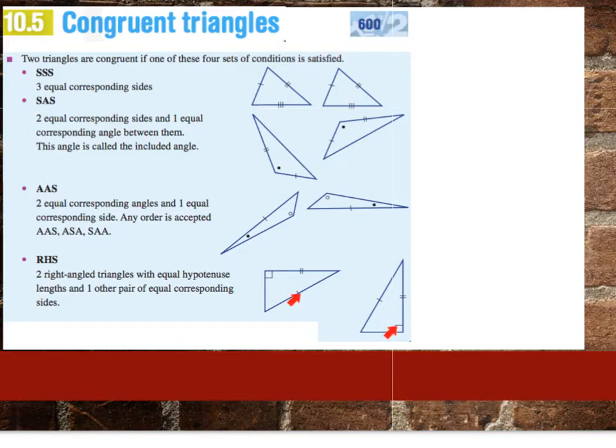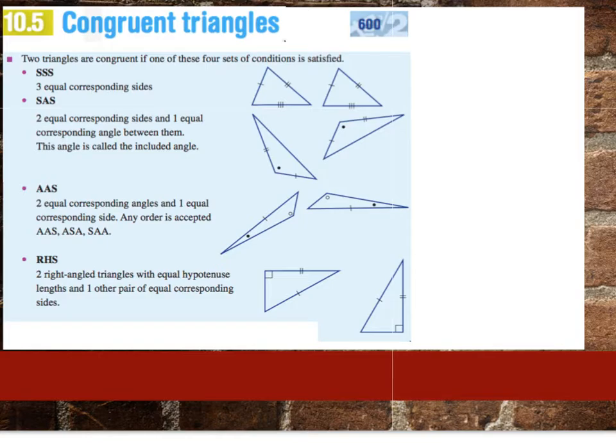And then we also have one other side. So we have a 90 degree angle in each, and two sides of which one is the hypotenuse.